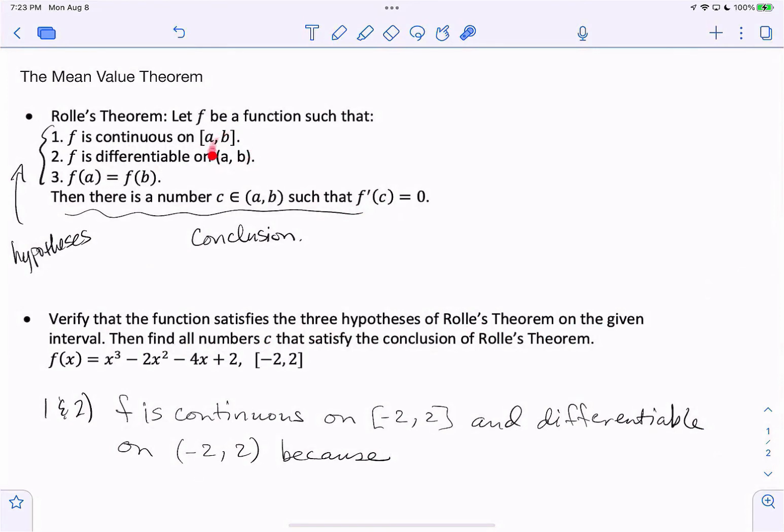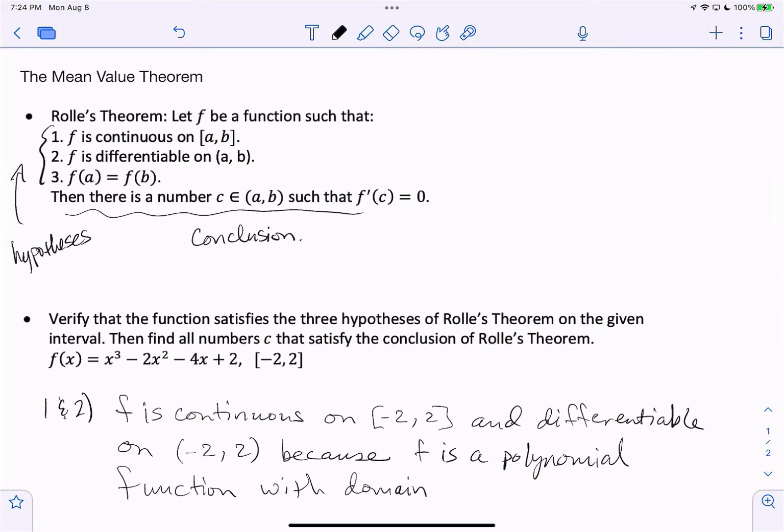I can't imply it. I've got to actually state it. And the reason that these are true is because f is a polynomial function, and we know that a polynomial function is continuous and differentiable on its domain. So now I need to say something about its domain, with domain all real numbers.